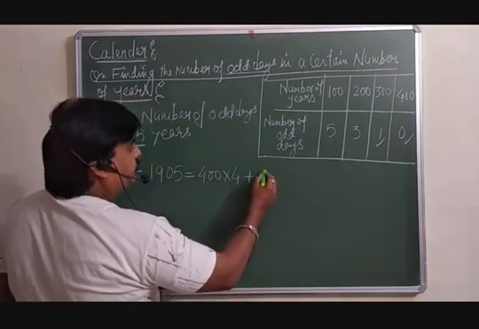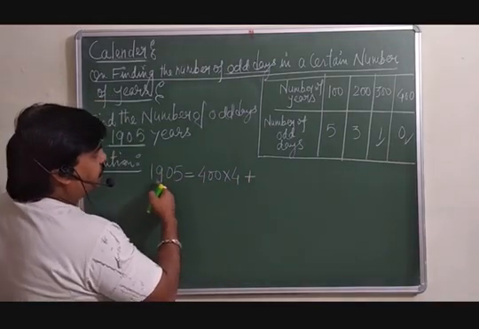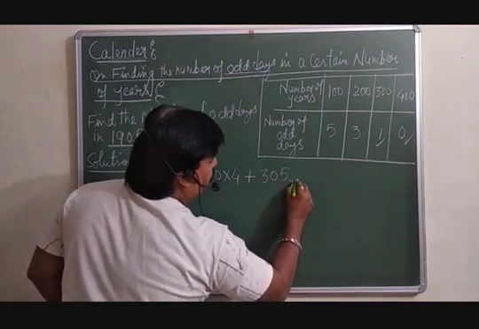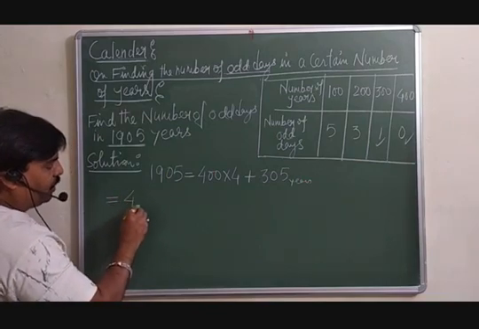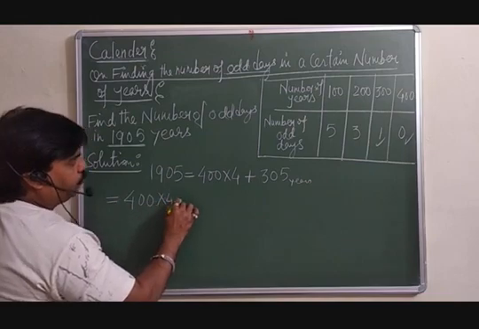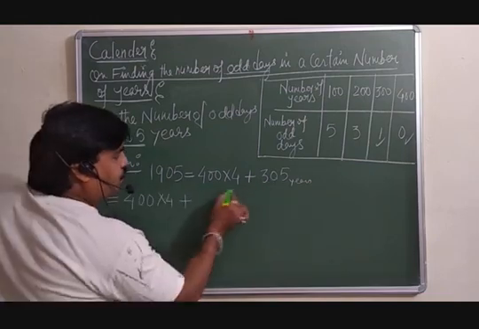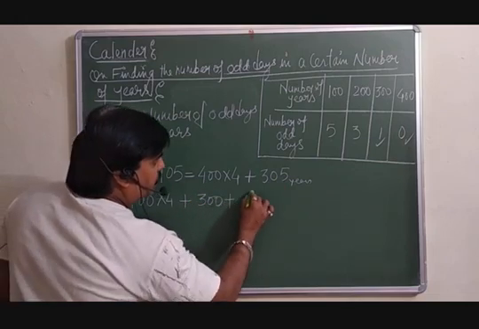Then 1600 is there. You will subtract. So this is 305. These are the years. Then again it can be written as, इसको हम break कर सकते हैं 400 into 4 plus this 305. 305 is 300 plus 5.